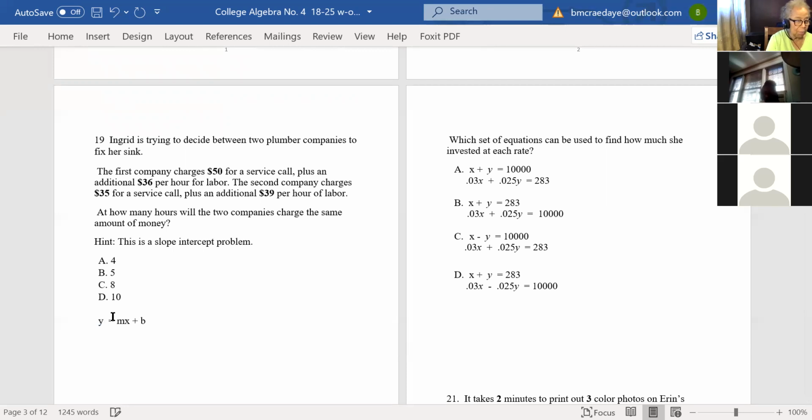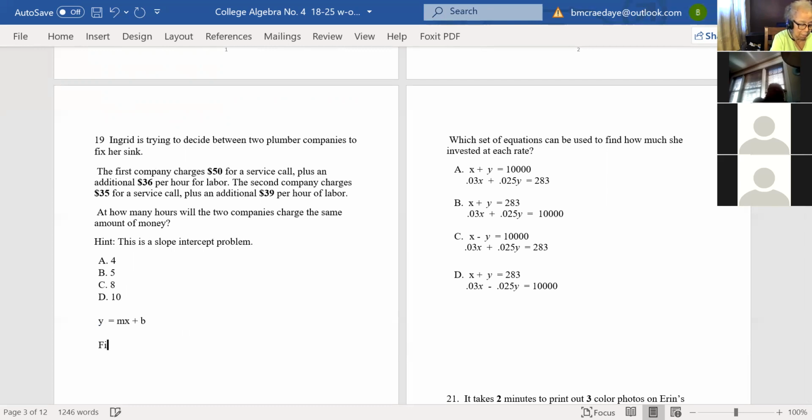That's why we say slope intercept. If we can set up each one of these equations and then set them equal, we can solve for our unknown. Okay, let's take the first one.